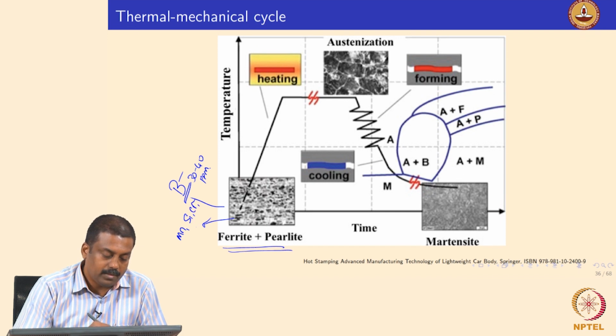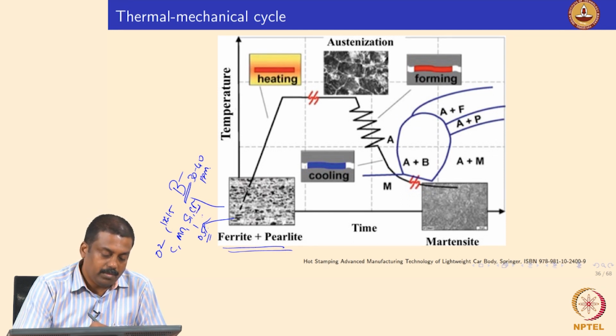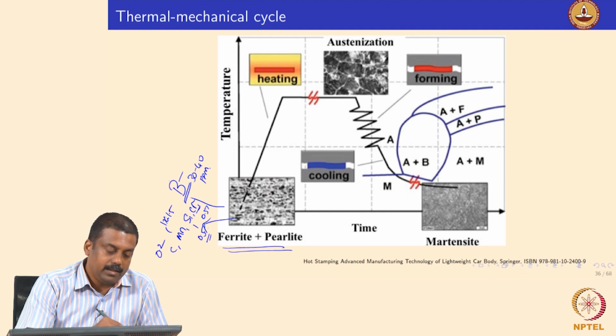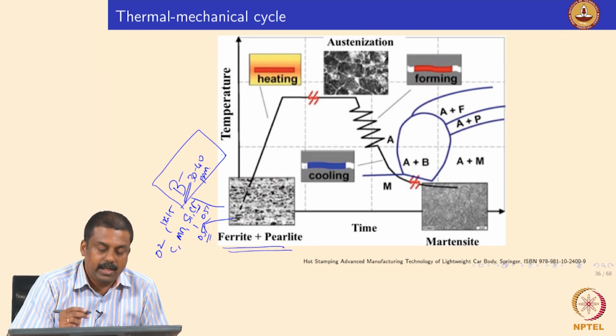You may also have, of course, carbon, say 0.2, manganese about 1 to 1.5, silicon say 0.5. This steel does not have as much silicon as in TRIP steel. Only in TRIP steel do we have a high amount of silicon, or aluminum, and chromium is about 0.5 and you can also go higher. The important alloying element in hot stamping steel is boron. So, boron we have about 30 to 40 ppm.